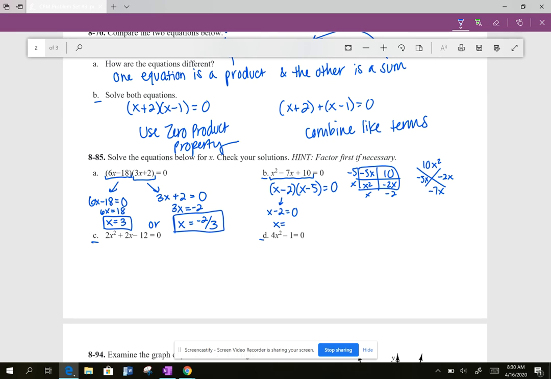That gives me x is equal to 2 if I solve for x. If I set x minus 5 equal to 0, and then I solve for x, I get x equals 5. Okay, so do the same thing for C and D.